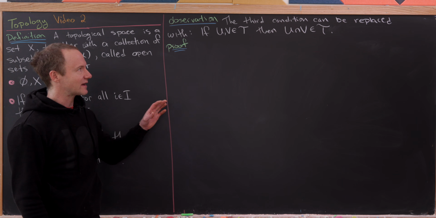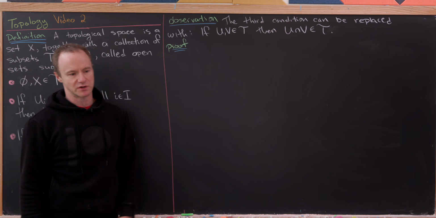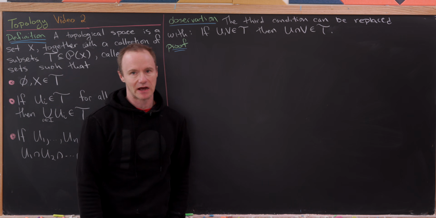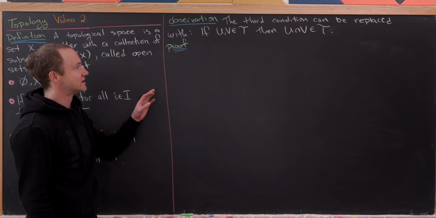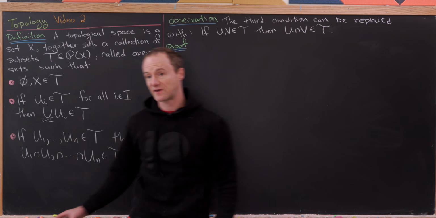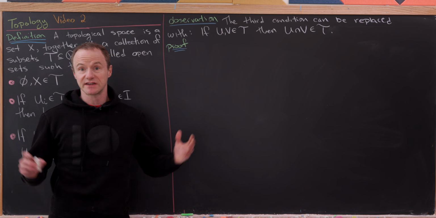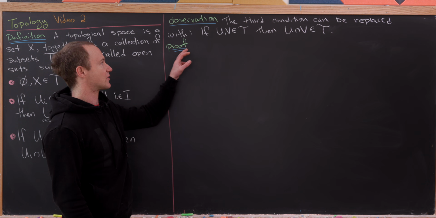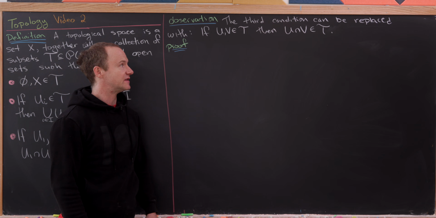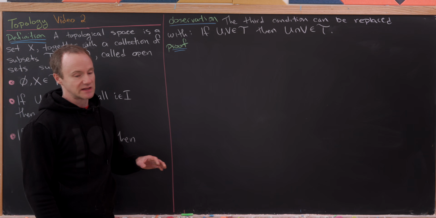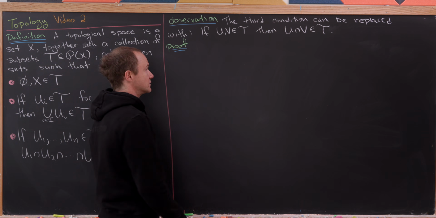Okay, so I'd like to start off with an observation, which is a simplification of this third condition. The third condition, this finite intersection condition, can be replaced with just an intersection of two sets condition. In other words, if U and V are in T, then U intersect V is in T. Let's see how this goes.